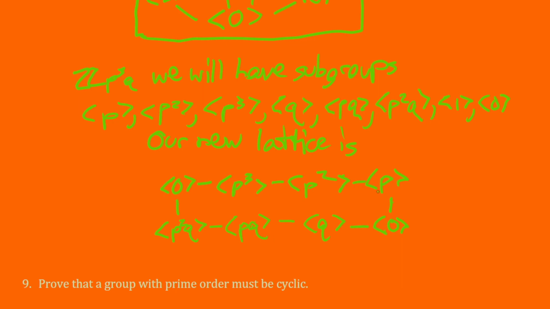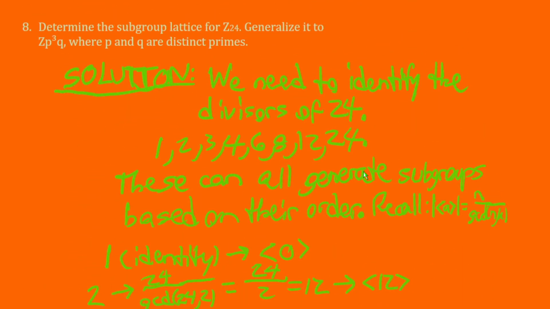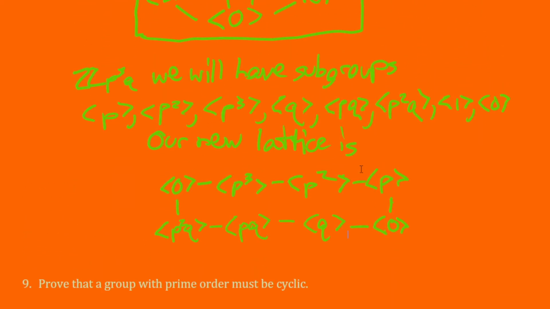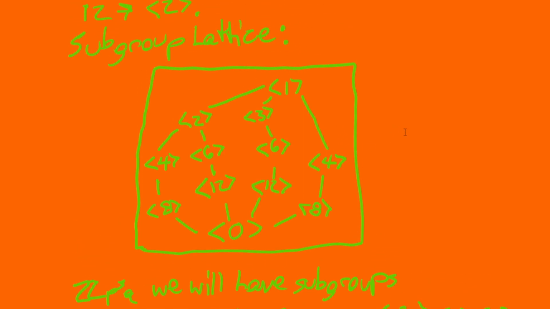And the reason that we can generalize this in the form Z p cubed q is, remember, our problem statement said that p and q are distinct primes. So out of these divisors of 24, we'll let 2 and 3 be our primes, because out of these divisors, of course 1 itself is also prime, but it's also our identity. And these forms can represent basically all of our elements we have in this subgroup lattice.